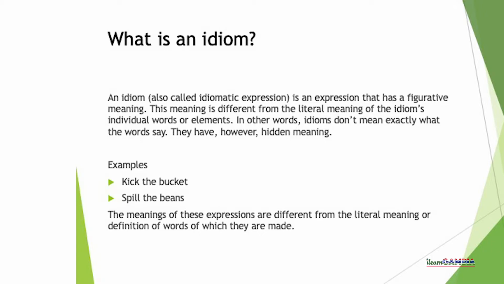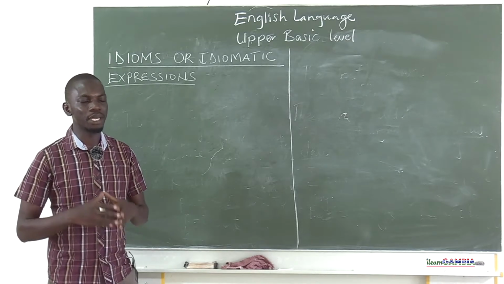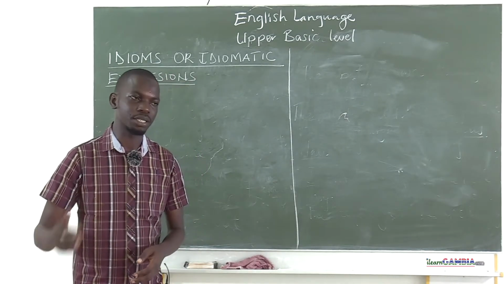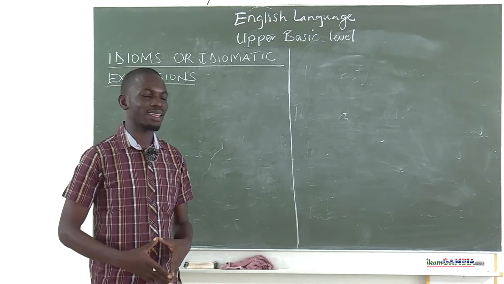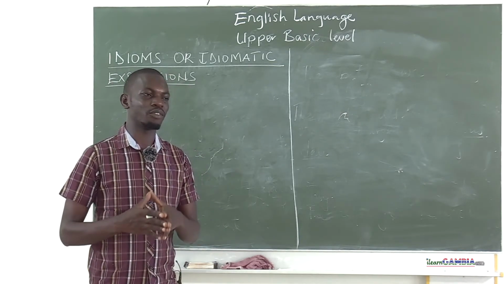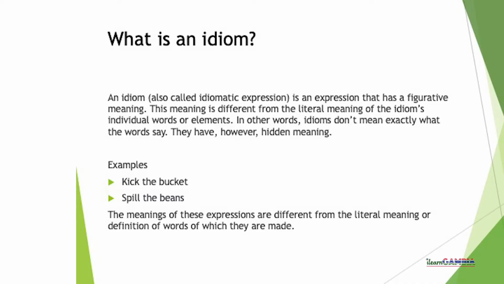Idioms have figurative meanings, that is, their meanings are not obvious. You don't just interpret an idiom based on the meaning of the individual words that make up the idiom. Rather, they have to be seen collectively and interpreted in that form.